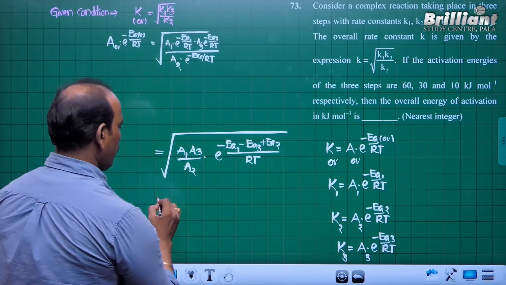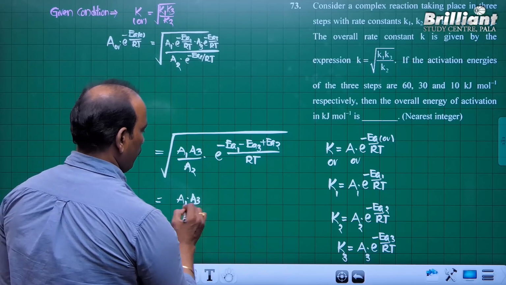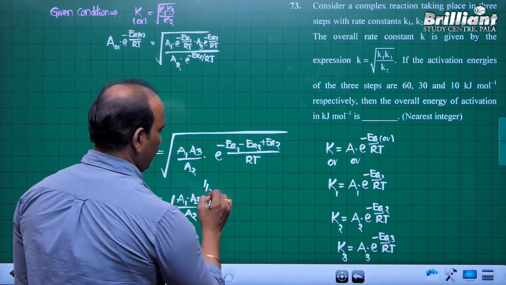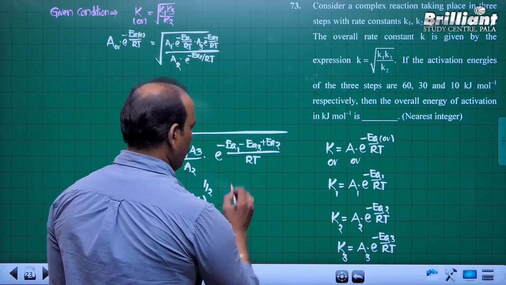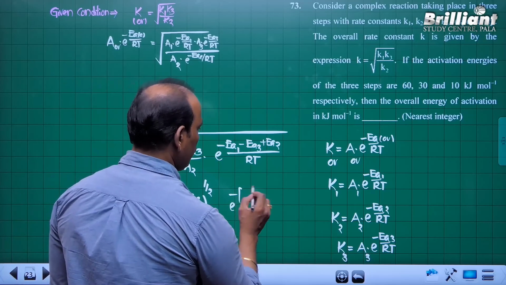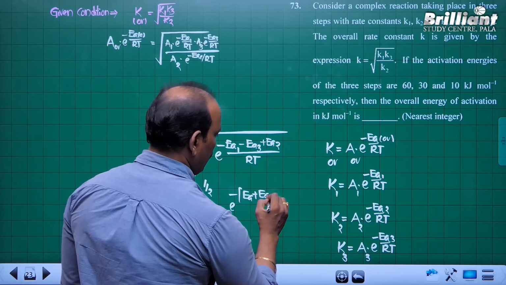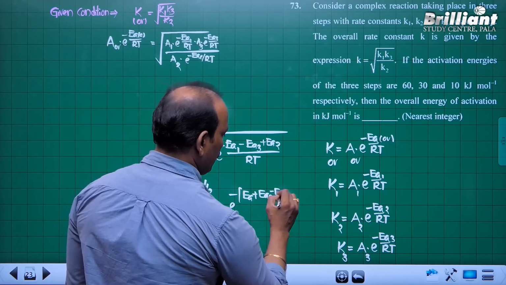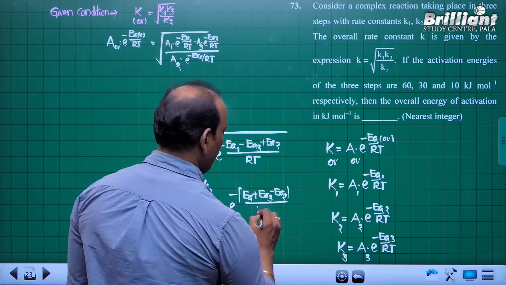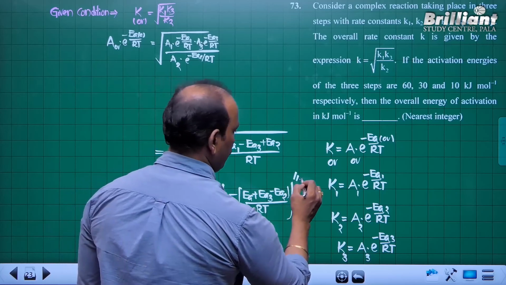This is nothing but A1 A3 by A2 whole power half, and then e power minus EA1 plus EA3 minus EA2 by RT whole power half.